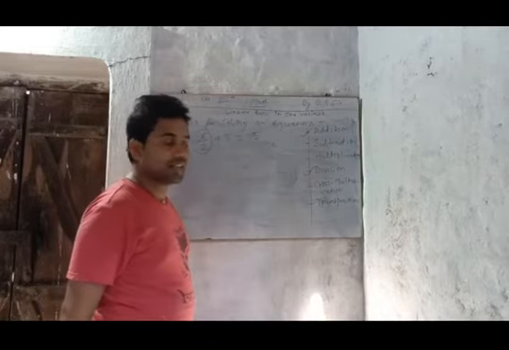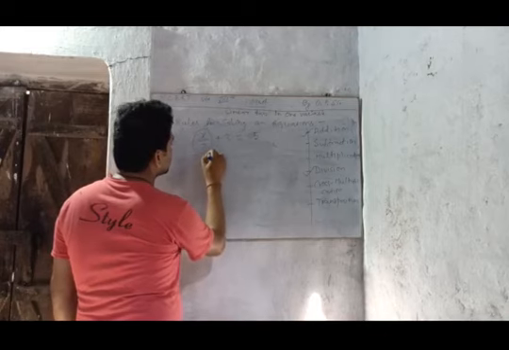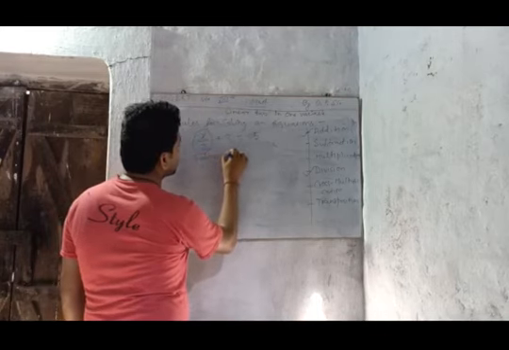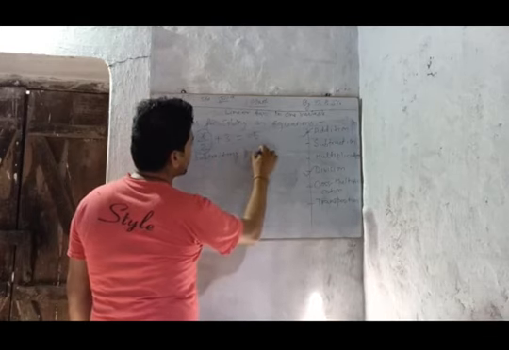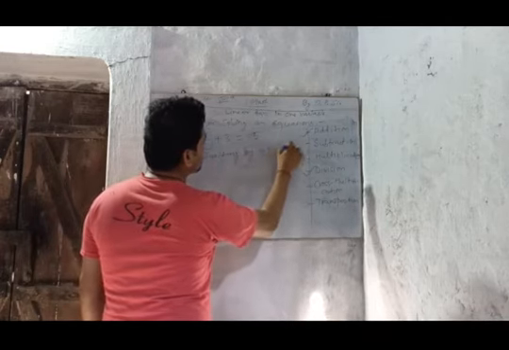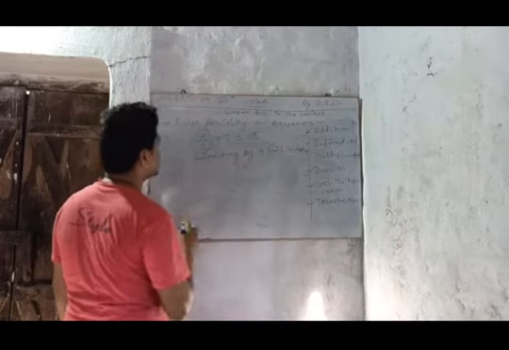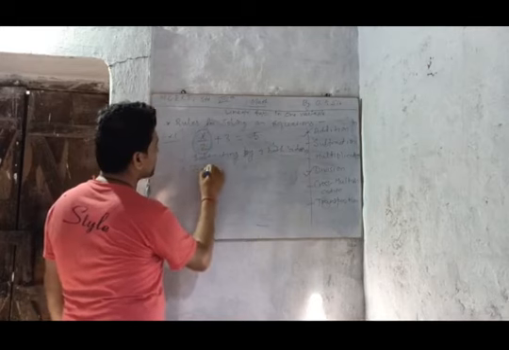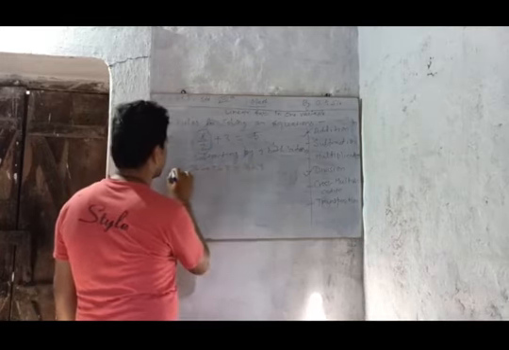So what will we do in the first step? Subtracting by 3 both the sides. So x upon 3 plus 3 minus 3 is equal to 5 minus 3.